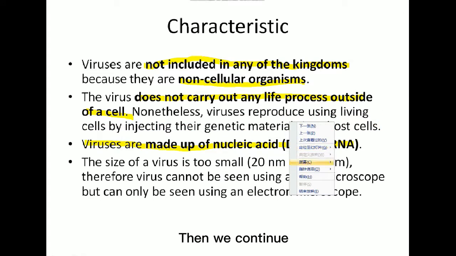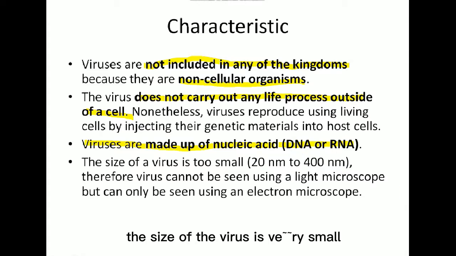And we continue. The size of a virus is very small. It's about 20 nanometers to 400 nanometers. It's very small. If you don't know how small it is, you can search on the internet.